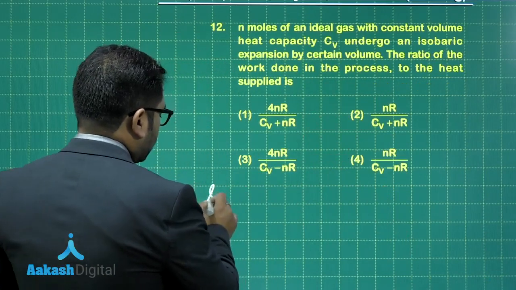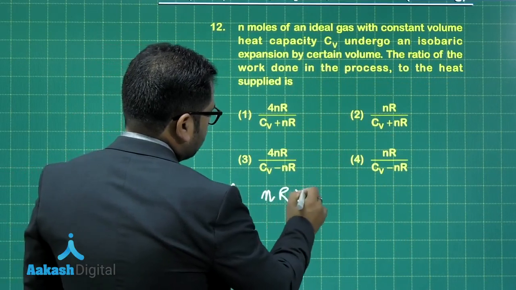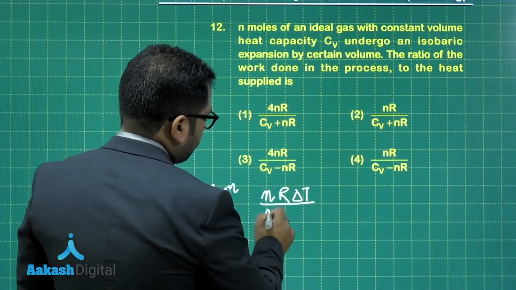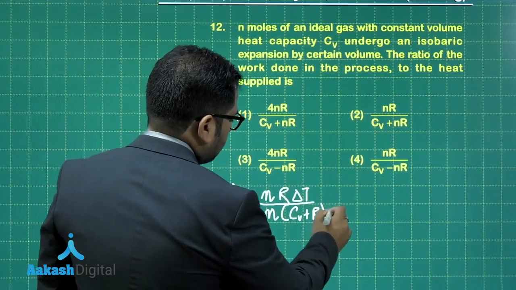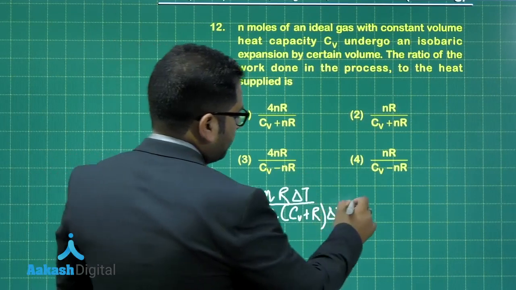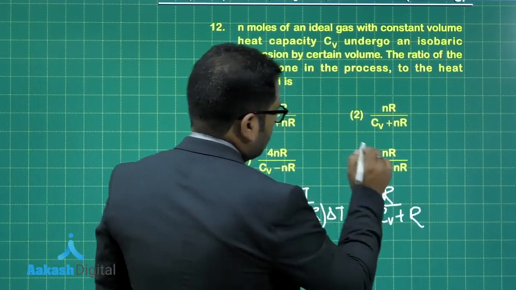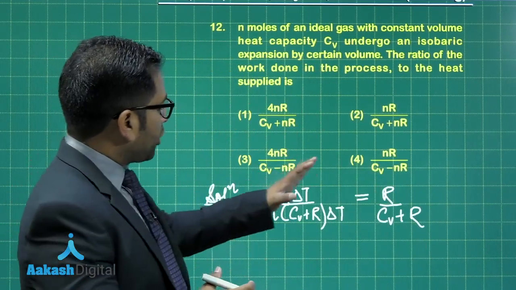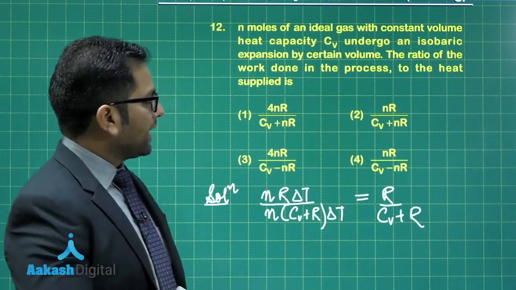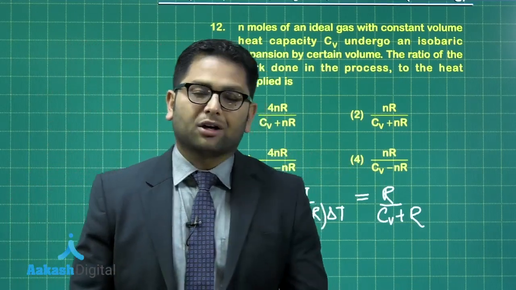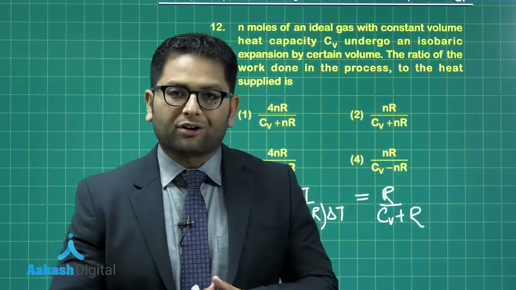So the work done is nR delta T, and the heat supplied is nCp delta T, and that would be n into Cv plus R delta T. So the ratio will be R divided by Cv plus R. However, this result is not matching with any given option, and this question has been brought from the official website of the organizing committee.